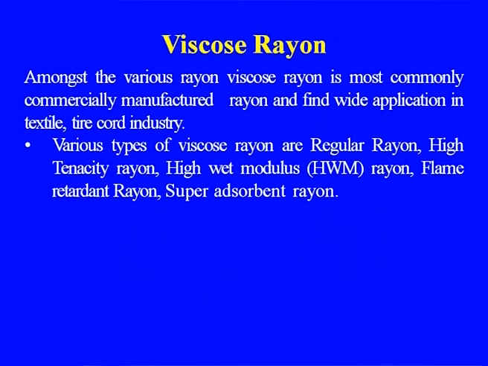Amongst the various rayons, viscose rayon is the most commonly commercially manufactured rayon and finds wide application in textile and tire cord industry, because as I told you earlier also, tire cord has been one of the major consumers of synthetic fiber.